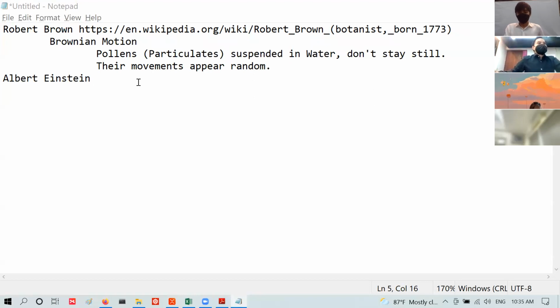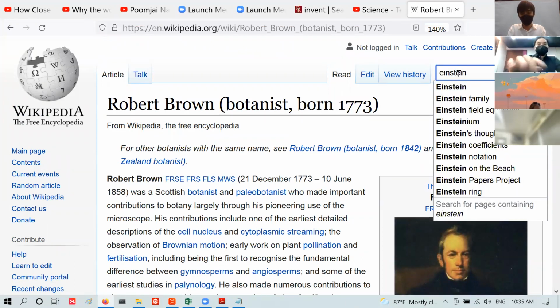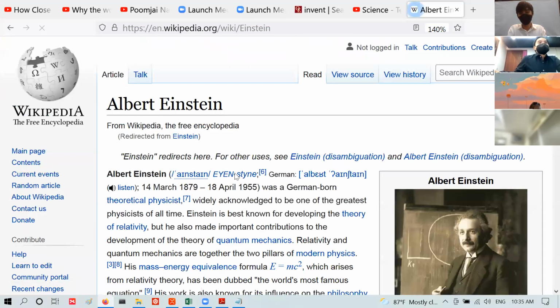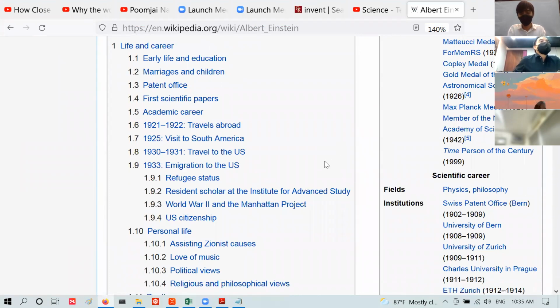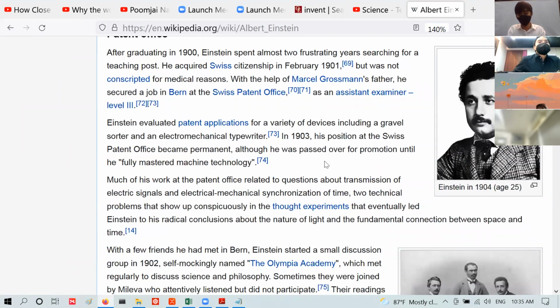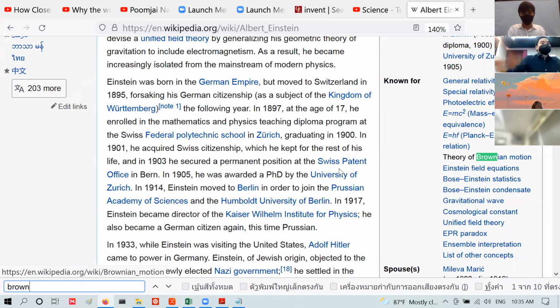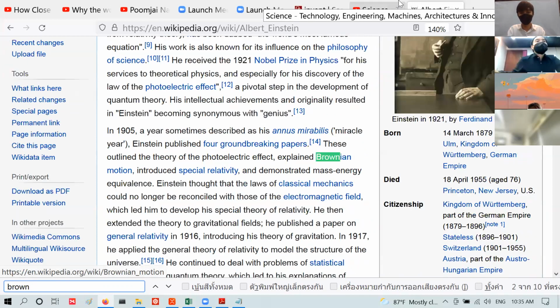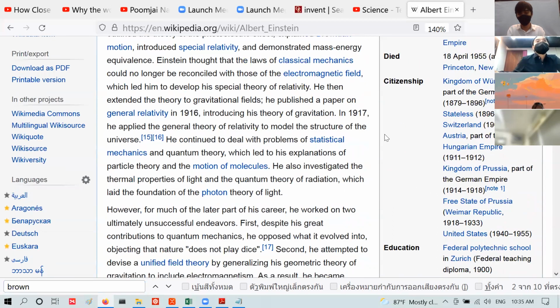Let's see if you know who that is. Albert Einstein, blah, blah, blah. He's famous for a lot of things, but I'm looking for one thing. He explained Brownian motion.